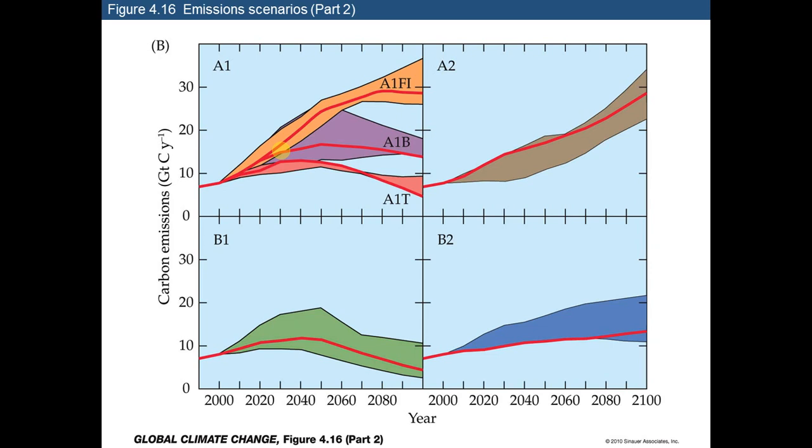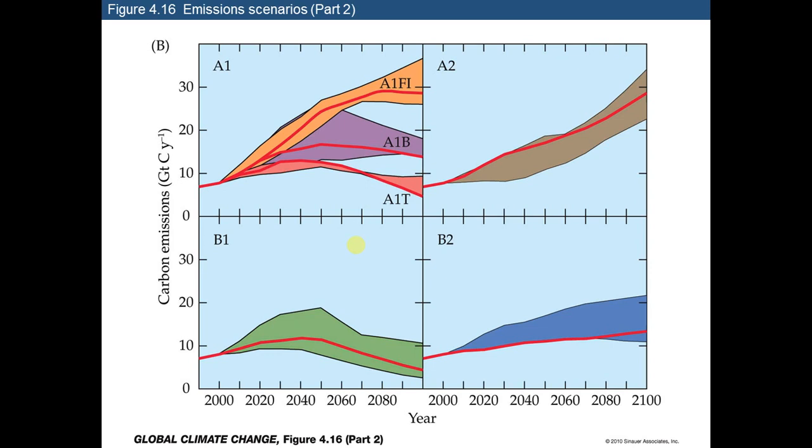It turns out that even for each of the 4 storyline scenarios, there's a range in emissions. In a single emission scenario itself, A1, A2, B1, B2, there are different runs. So they vary the conditions slightly. The shading for each represents the total possible range in emissions for a given year, and red is just one run, if you will. Okay. So let's take a look. And by the way, we're looking at carbon emissions in gigatons of carbon per year.